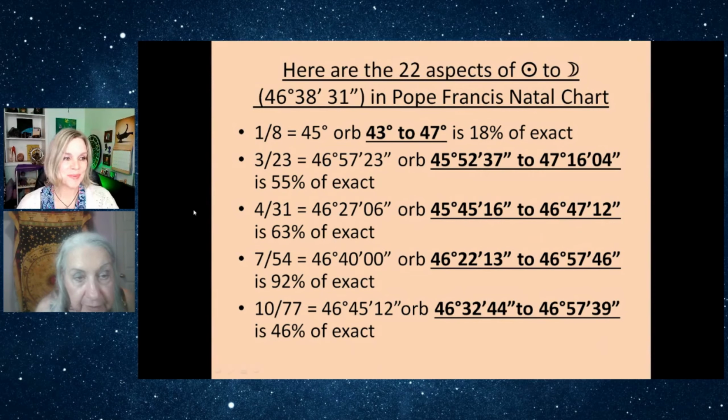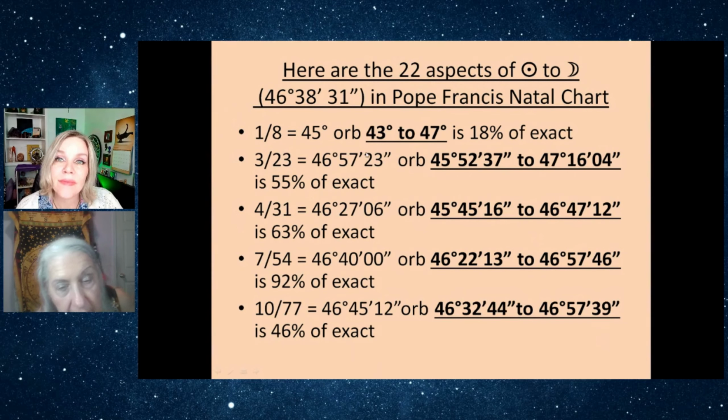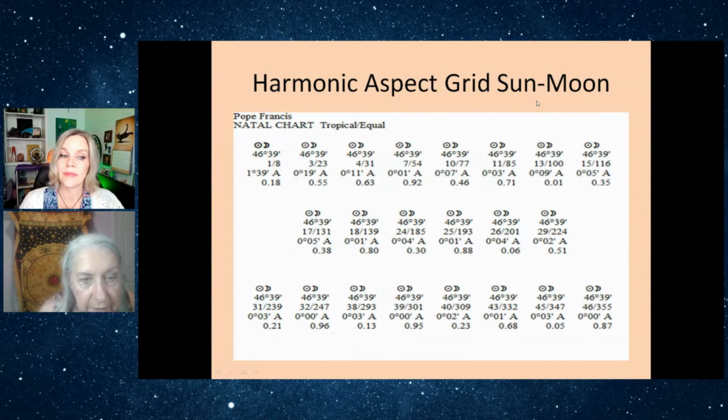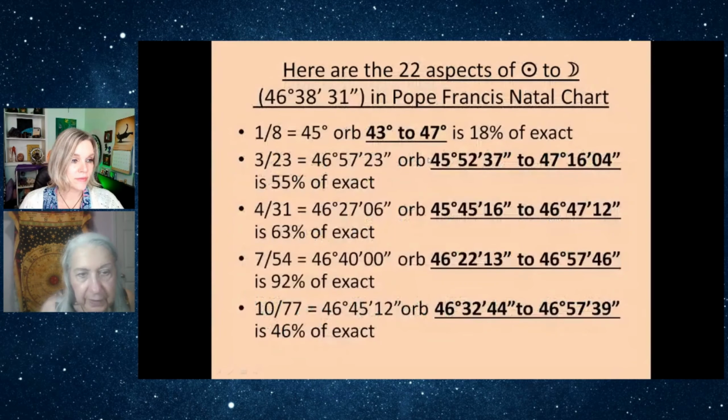So now, these are the aspects listed in the harmonic aspect grid. You see 1/8, 3/21, 4/31, 7/54. Okay, so I just did a full calculation of these first ones.